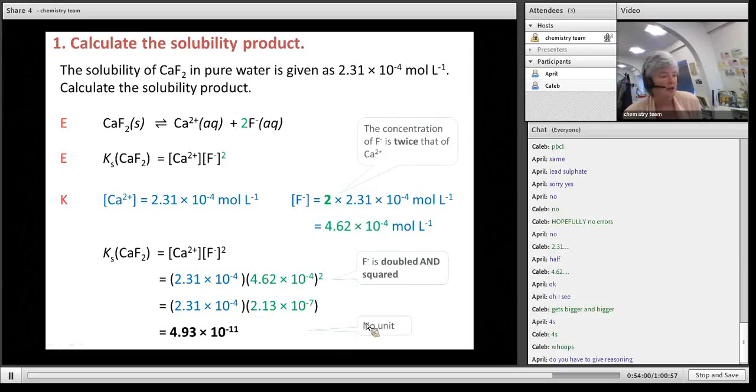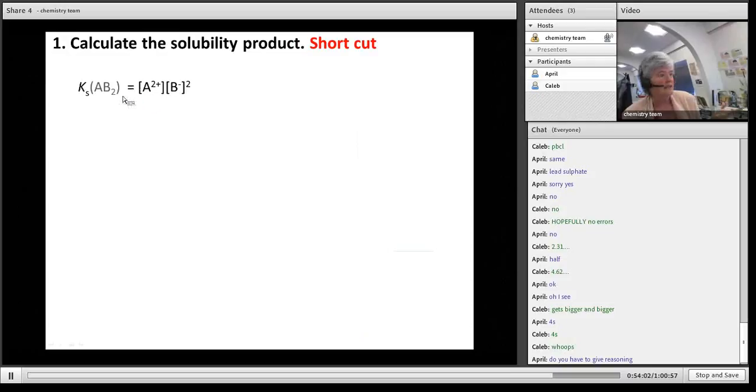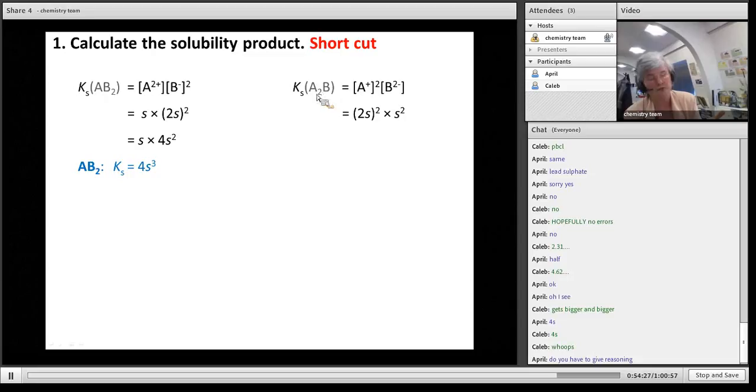Okay, right, so here is what the shortcut is. If it's an AB2, it's S times 2S squared. So there it is. You wouldn't have to do all that sort of thing. You could just recognize it's a single source, recognize that it's an AB2 salt, so you can go straight to Ks is equal to 4S cubed. And then it's the same thing for the A2B.